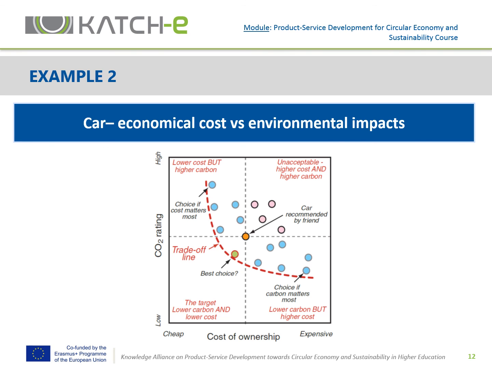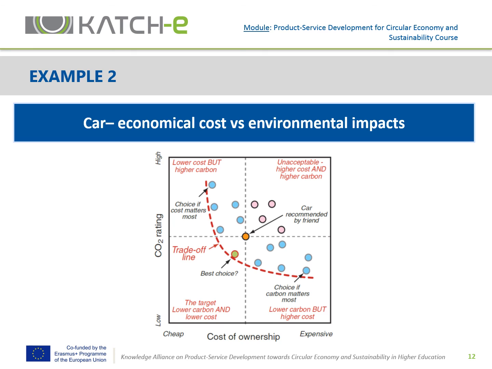The graphics show different car models. The vertical axis is the CO2 rating, and the horizontal one, the cost of ownership. The purple dots have higher values for both variables, and that's why they lie in the unacceptable quadrant. The blue ones either have lower costs or lower carbon, but not both.